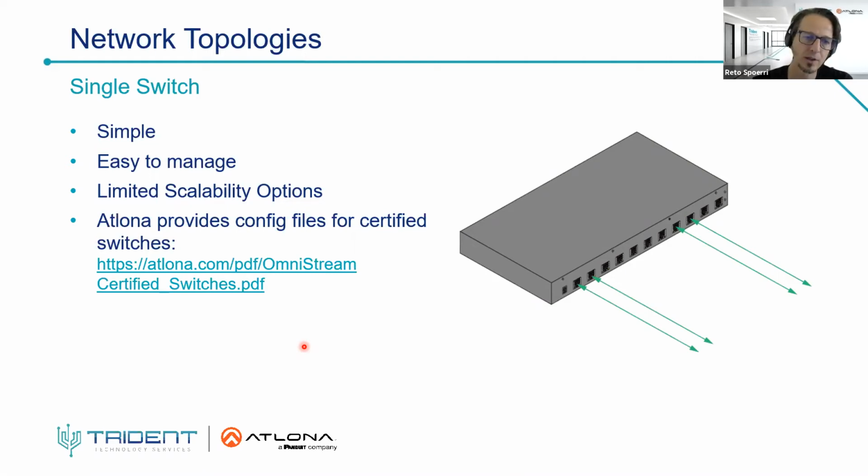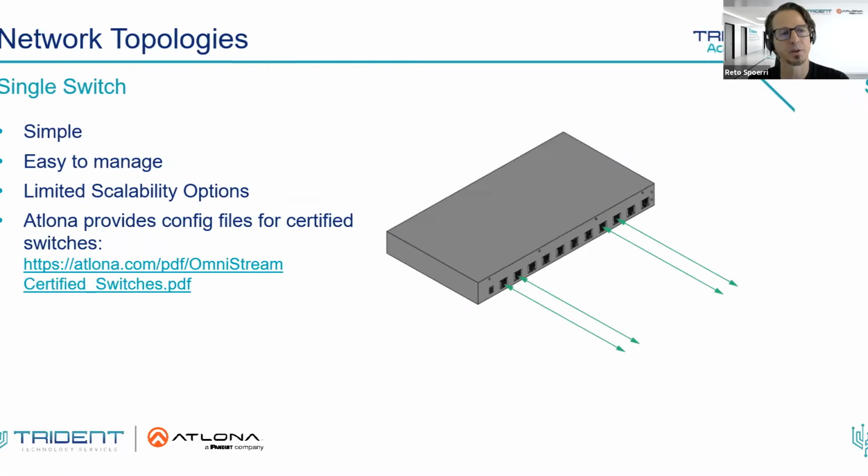You click on the link, download the config file from your web browser, and load it to that particular model of switch that you want to use, and you're ready to go. You have an AVoIP configuration on your network switch, you have multicast enabled, all those things, and you can use it. This is an effort of less than 10 minutes.